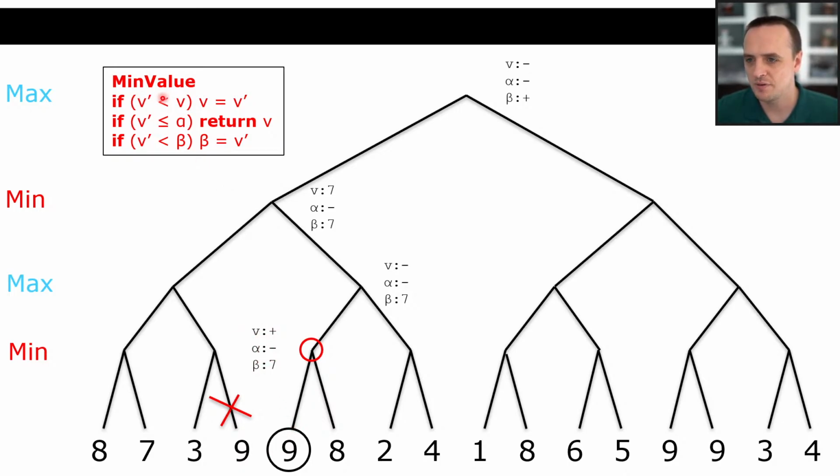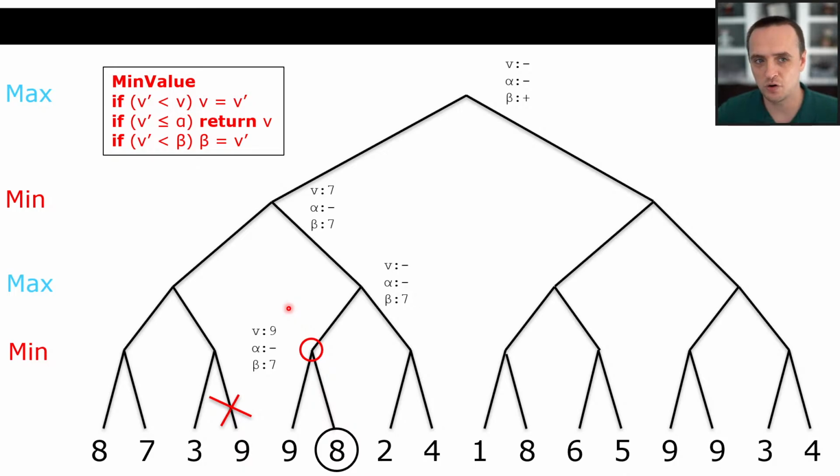Is v prime less than v? Well, yes, it is. Is it less than or equal to alpha? Alpha's negative infinity here, so no, it's not. Is it less than or equal to beta? No, it's actually not. So this is the first time where we haven't found a new minimum. So when we finish looking at this node, we have v equal to 9, beta equals 7, alpha still negative infinity.